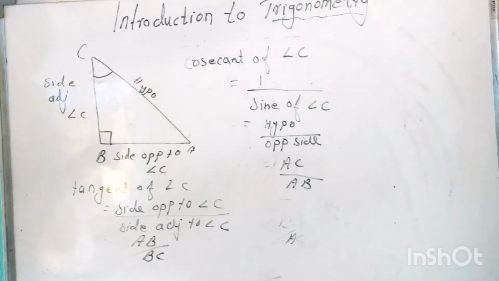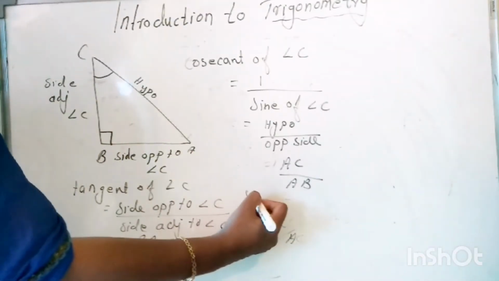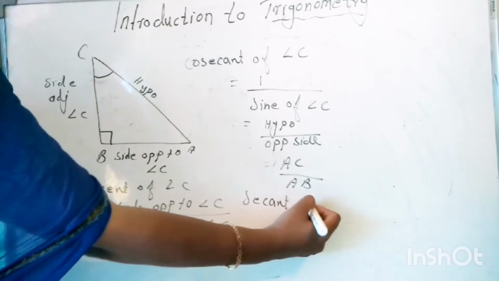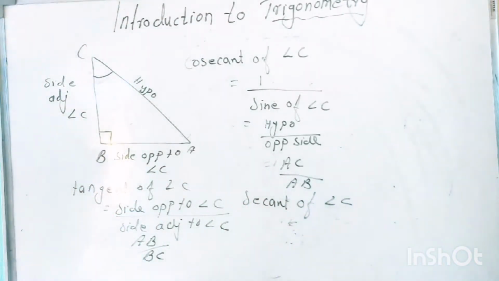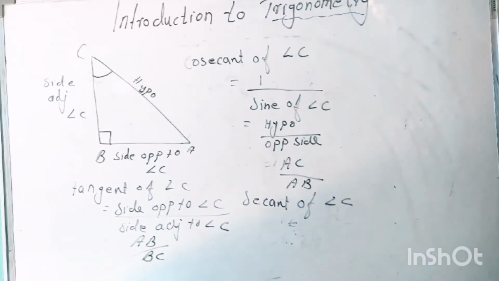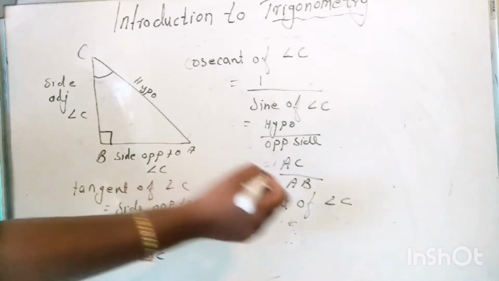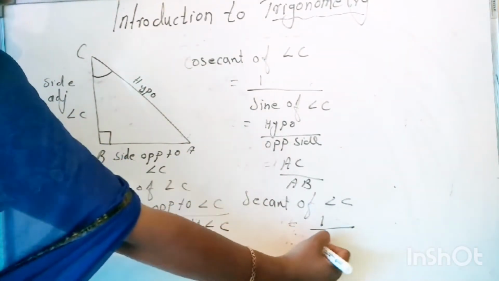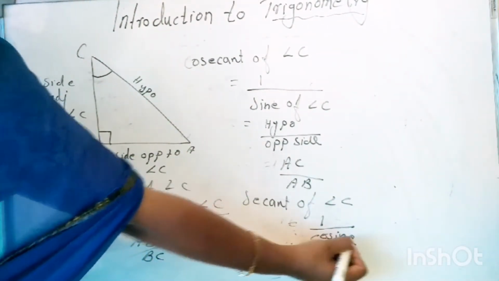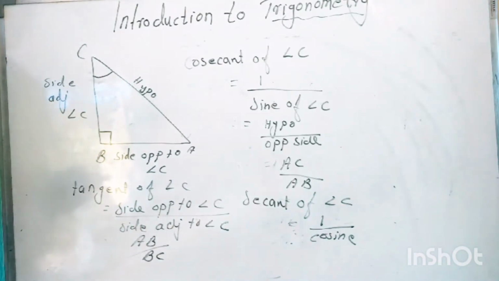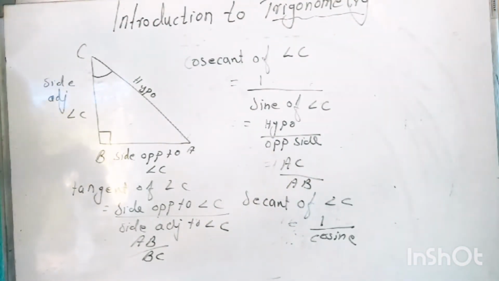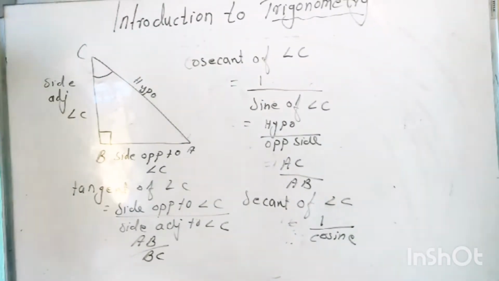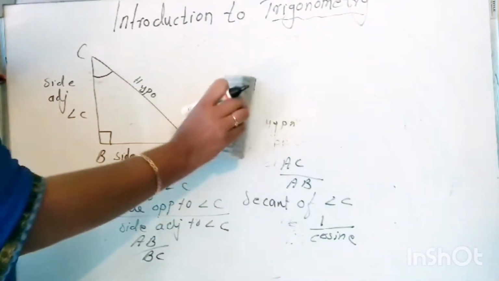Now the fifth one is secant of angle C. Secant is actually the reciprocal of cosine, 1 by cosine. Cosine is adjacent side divided by hypotenuse.